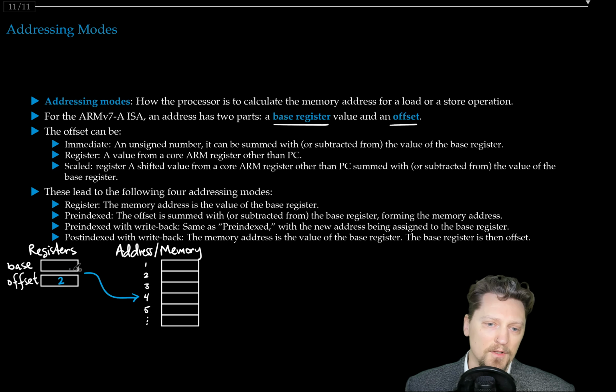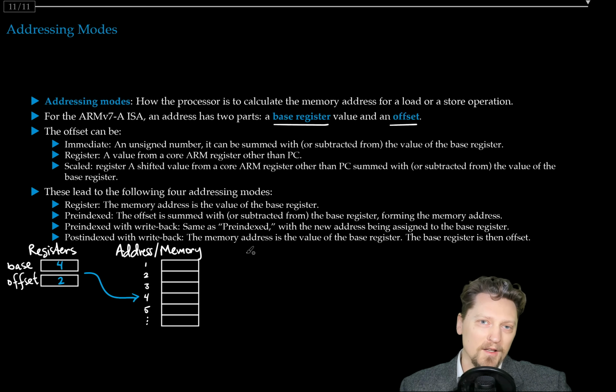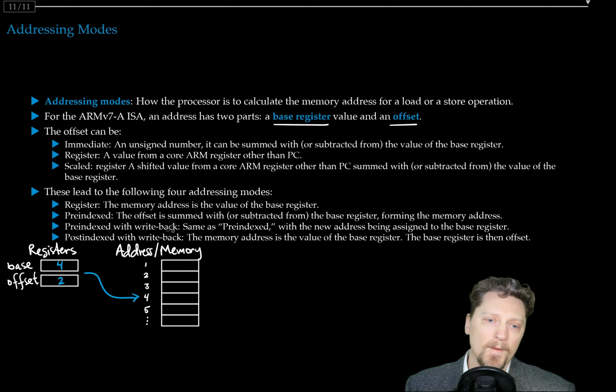So now instead of 2, we would have 4 there. And the next address we would look up would be 6. You can see how this could be useful if you're, for instance, looking through an array that has some fixed offset in between each value in the array.